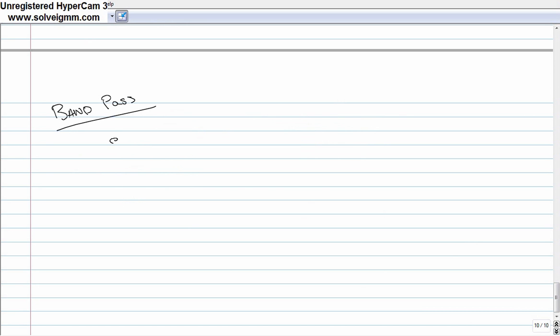It starts with a high-pass filter. Then onto that you tack a low-pass filter. And there you go. C2, R2, R1, C1. And that's it.